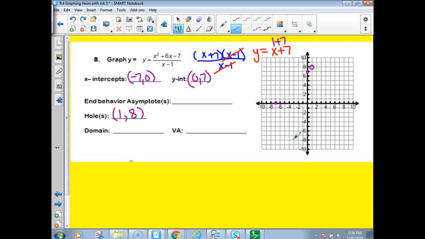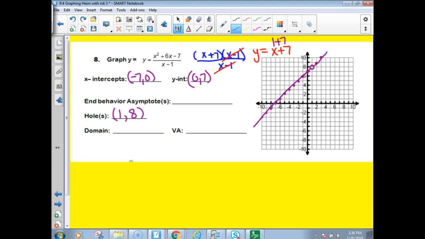And then we just said it's linear. What's the slope of that line? That would be 1. So, check it out. Up 1, right 1. Don't fill in the dot, but up 1, right 1 from there. We got that hole still. Down 1, left 1, we get some more points, and we should hit everything. And I am hitting all of my spots I expected.